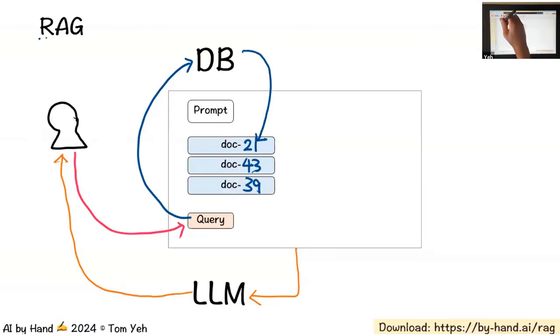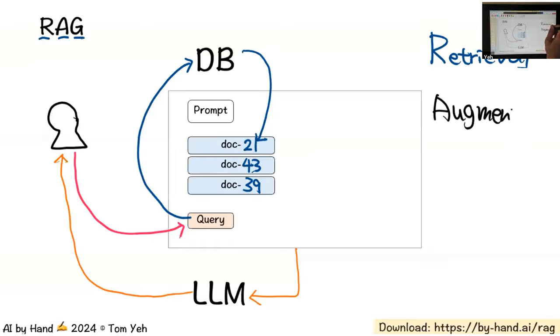So let's review this component. What does the R stand for? Where do you see retrieval? R is here, retrieval. We retrieve from our database. How about augmentation? Where do we see augmentation? Augmentation is this box. We augment our query with a bunch of stuff: the prompt plus our context, these 3 documents, and the query.